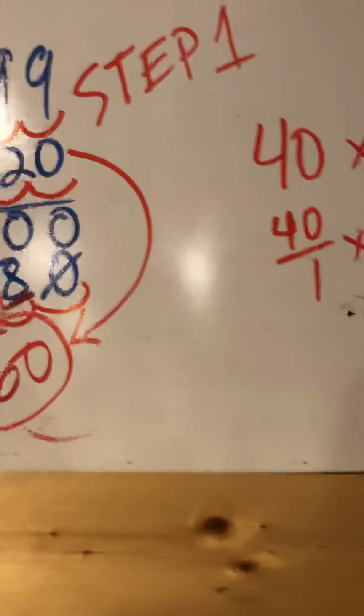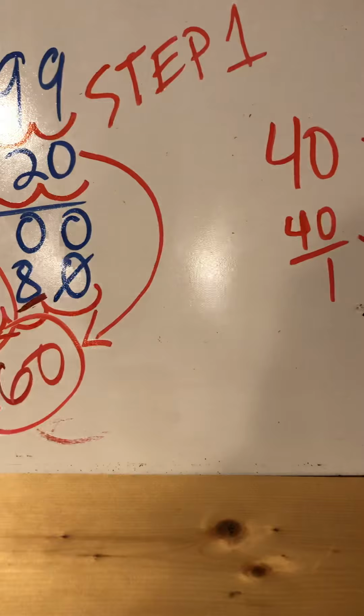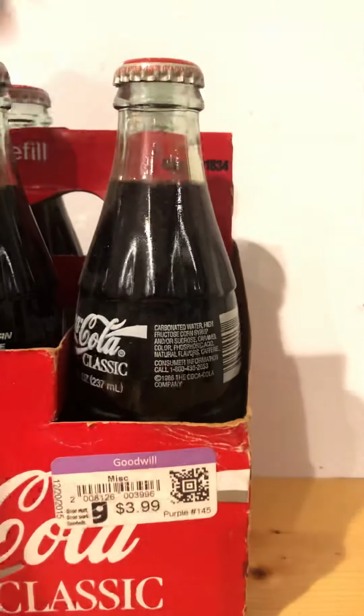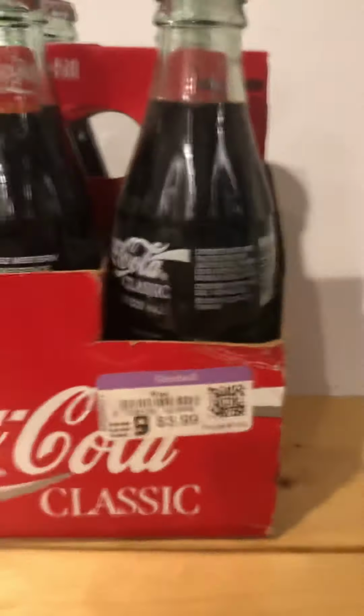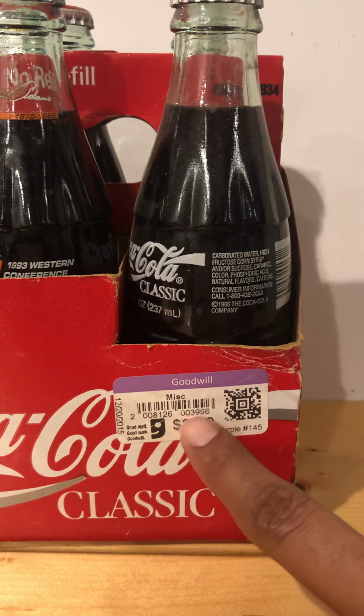Right, I'm going to explain your homework now. So hopefully you guys are still watching all the way to the end. Okay, homework for today. I want you to find how much 20% is from this price.